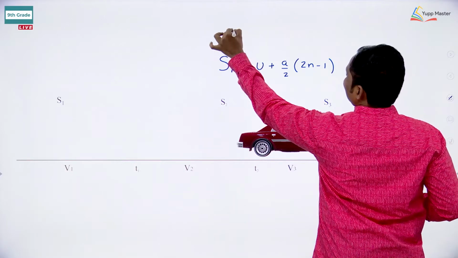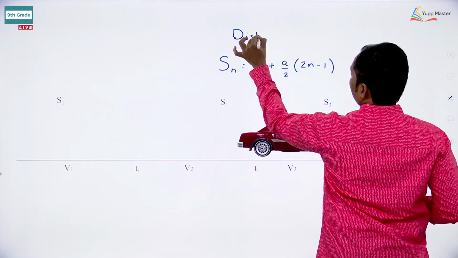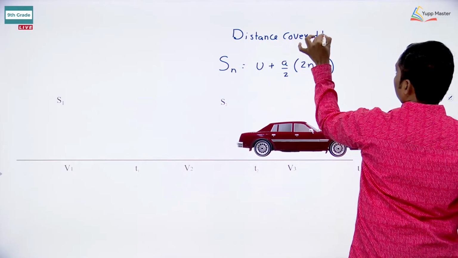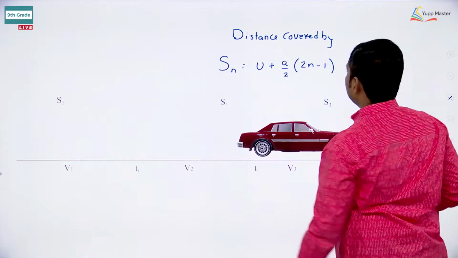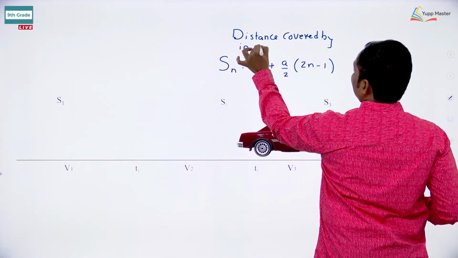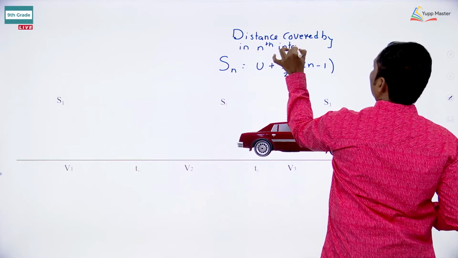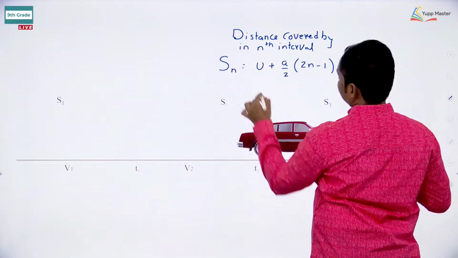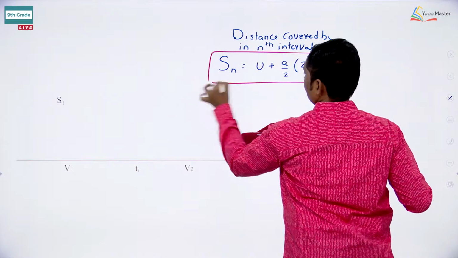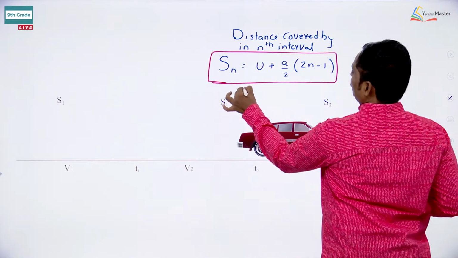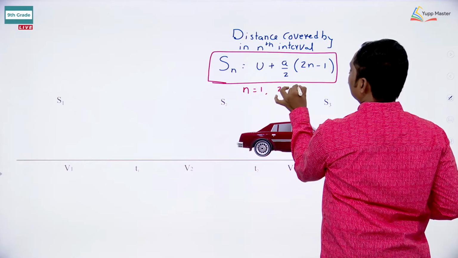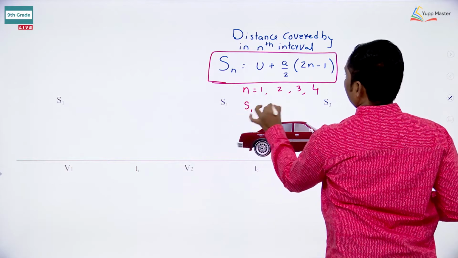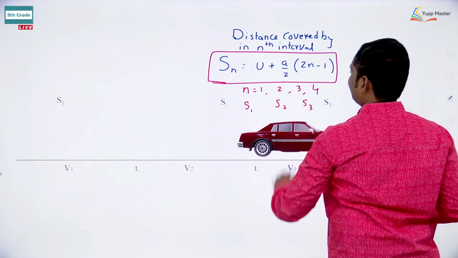Here Sn is the distance covered by the body in the nth interval. Here you can put n is equal to 1, 2 and 3, 4 like that. You can get S1, S2, S3 like that, it is very clear.